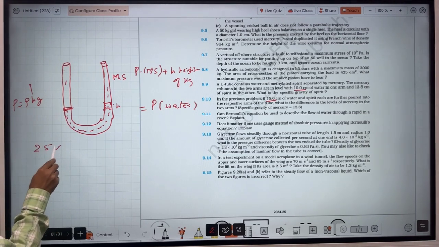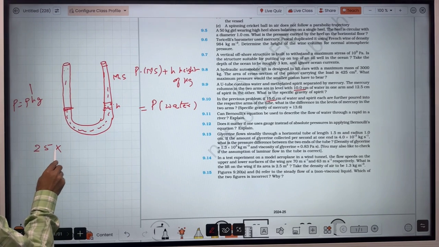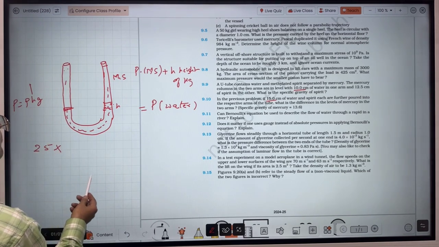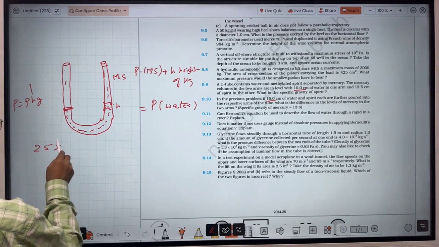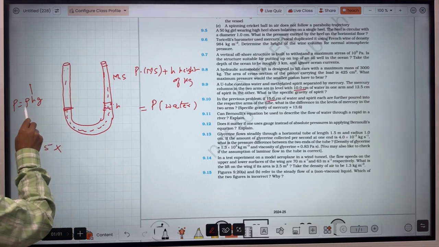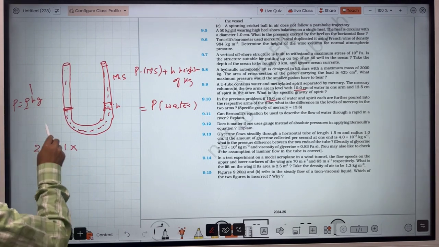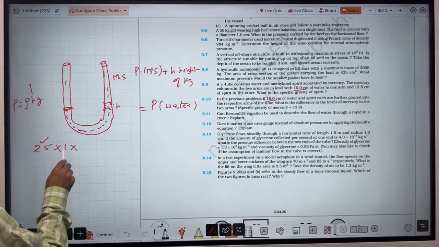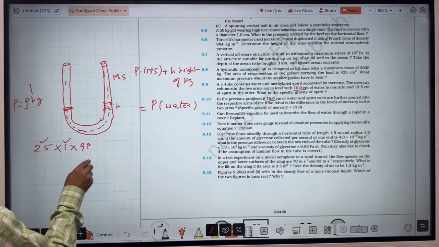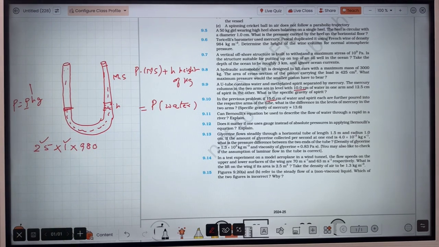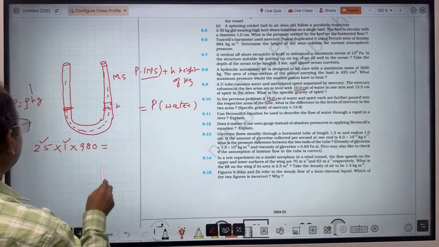So 25 into rho; if we use CGS, the density of water is 1, and g will be 980. This must be equal to the pressure due to methylated spirit.